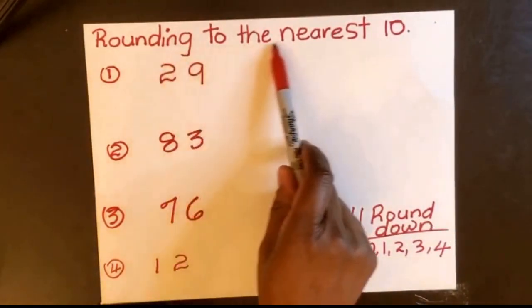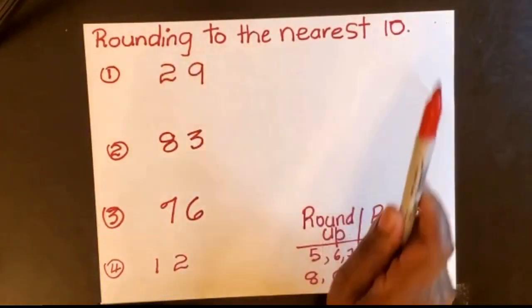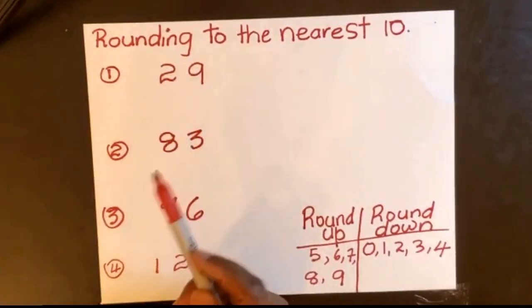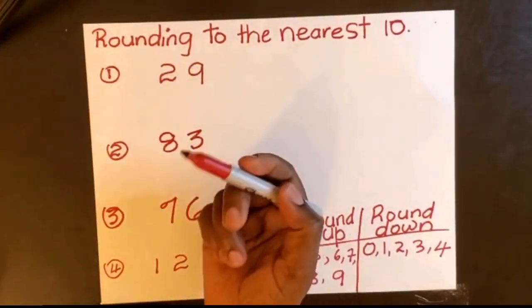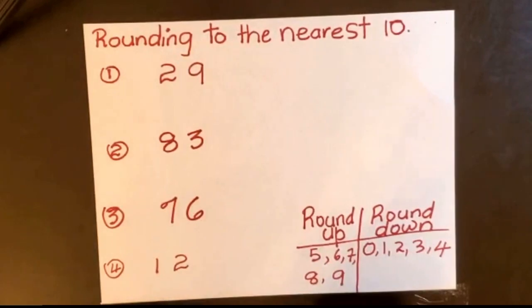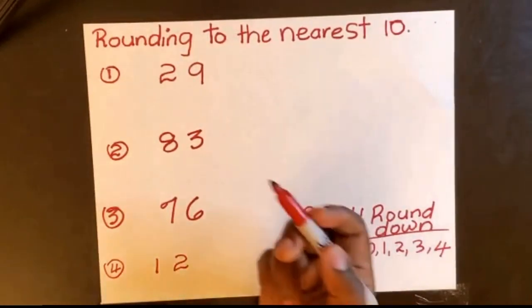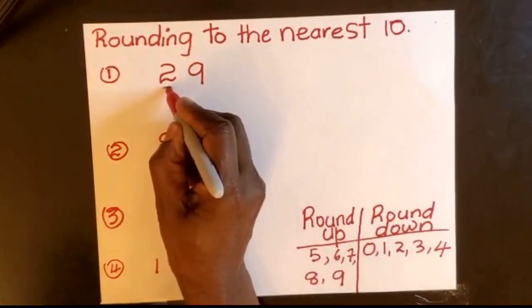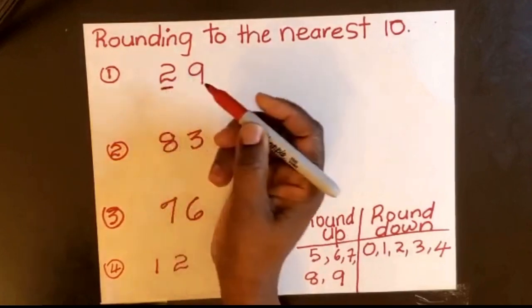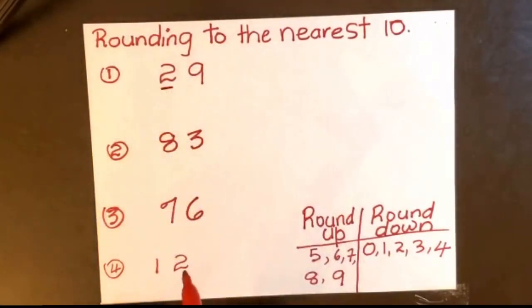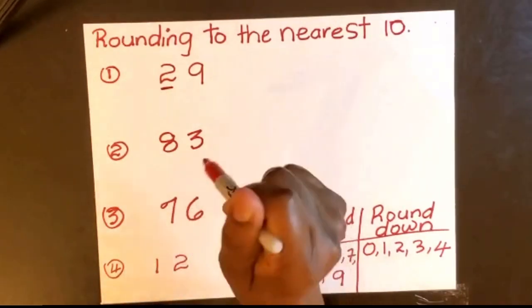Now we are going to round to the nearest 10, and we're looking at 29. First you have to look for the digit that is in the tens place. 2 is in the tens place, and I'm underlining the 2. Now you're going to pinpoint the next digit to the right of the tens place, which is the ones place.